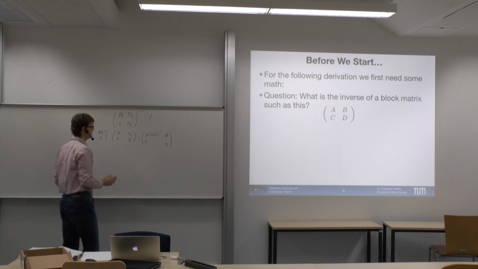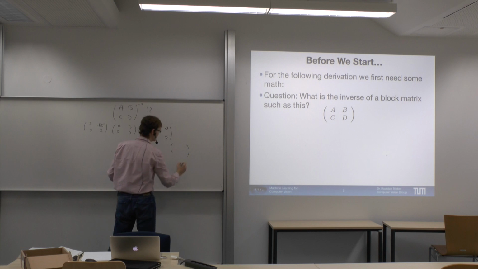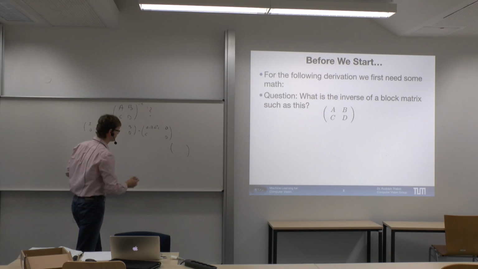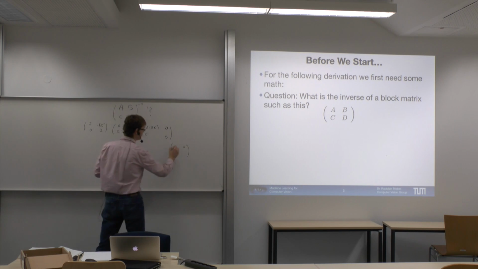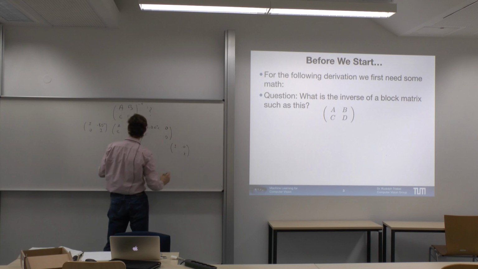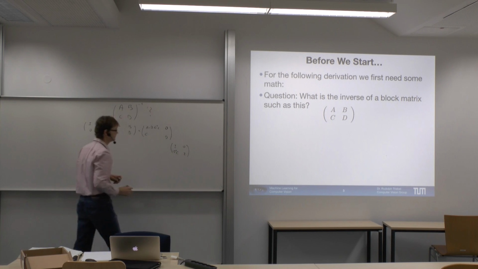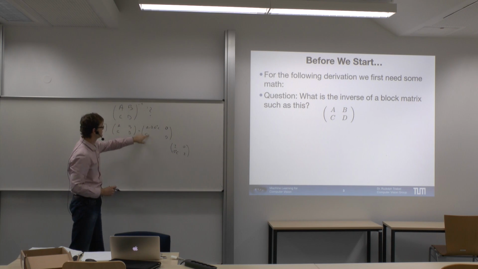Now we can multiply this matrix from the right with a lower triangular matrix and do the same trick again. Now we have to do a slightly different thing: times minus D to the minus 1 C. It is the same idea. We'd like to get rid of the C here.